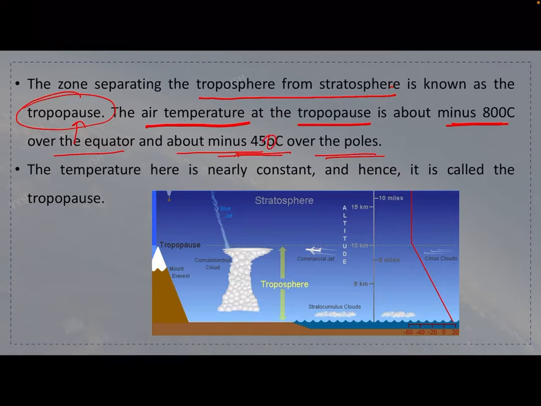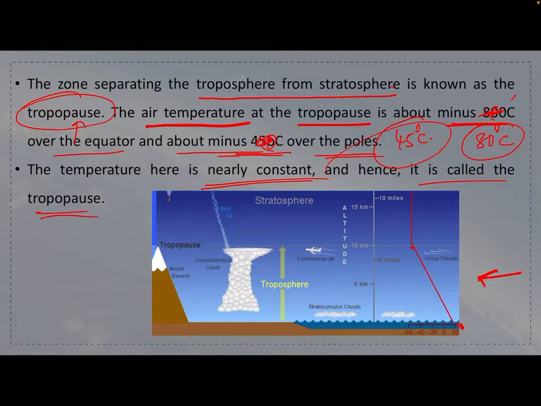As the height increases, the temperature is getting lower. At the point where the tropopause is, the temperature is nearly constant, and hence it is called the tropopause. It is not going to decrease anymore.